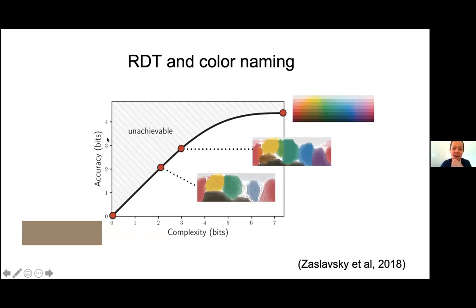So instead of the communication cost measure I just introduced, she's just flipped it. So now the simplest possible system is down here. But otherwise, these plots are the same. There's the gray unachievable region, the white achievable region, and the optimal frontier, along which we find systems that achieve optimal trade-offs between the two dimensions.